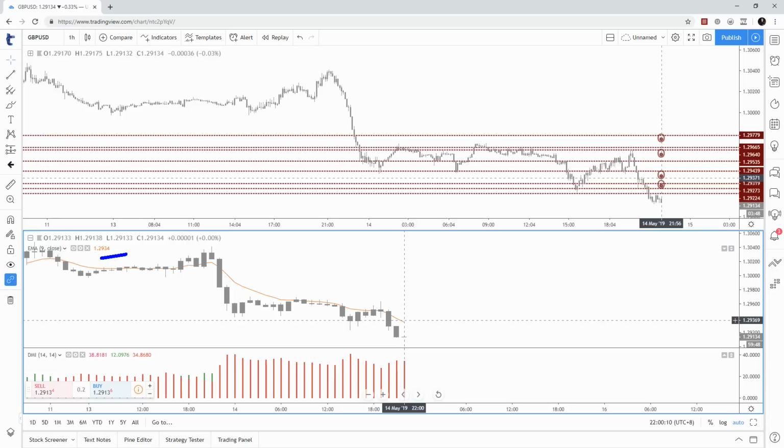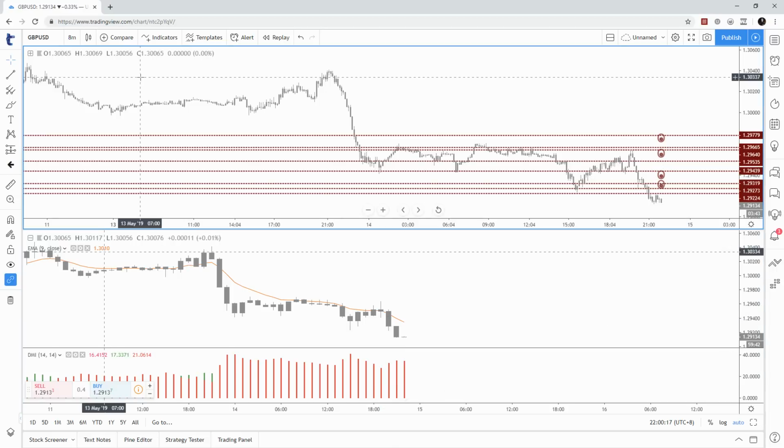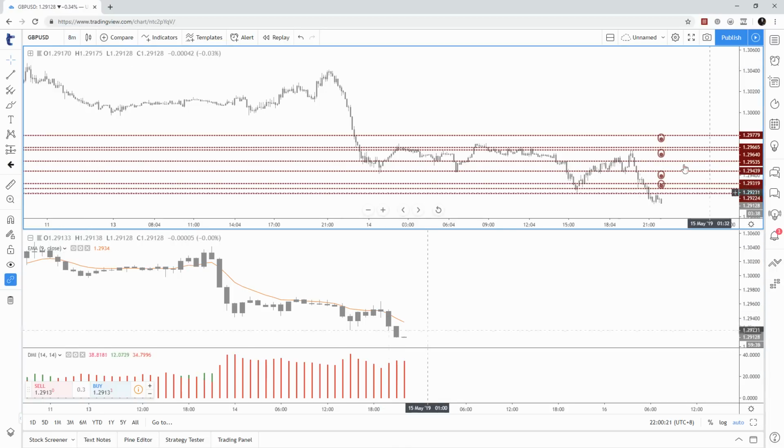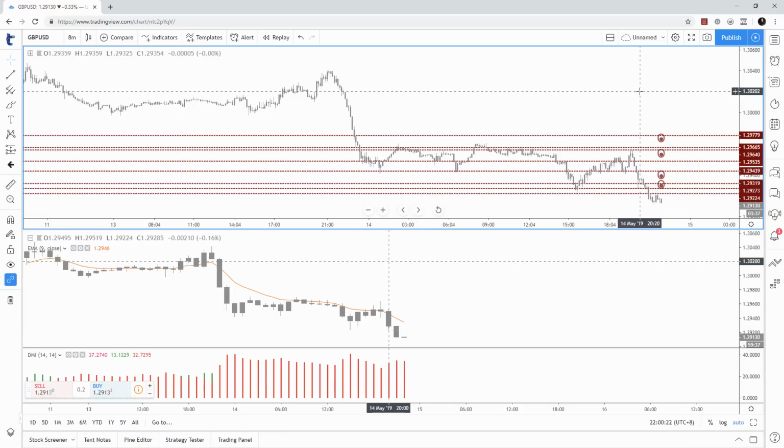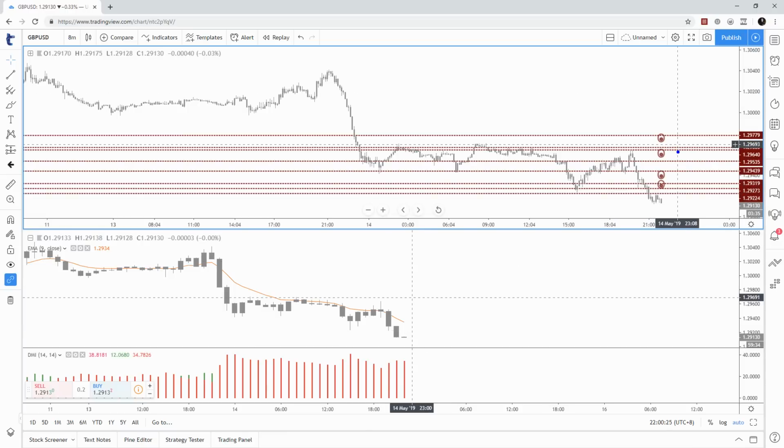If I look at the upper chart, which is the 8 minutes of the Great British Pound, and I'm looking at 24, notice how I have here two red UFOs kind of overlapping each other, and they are located around the price level I am looking for.